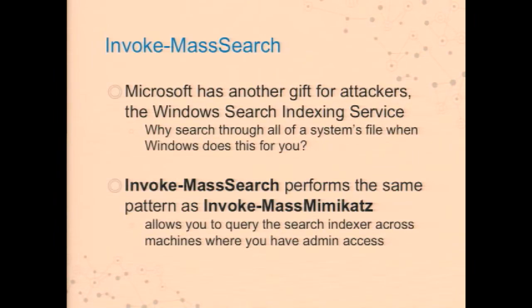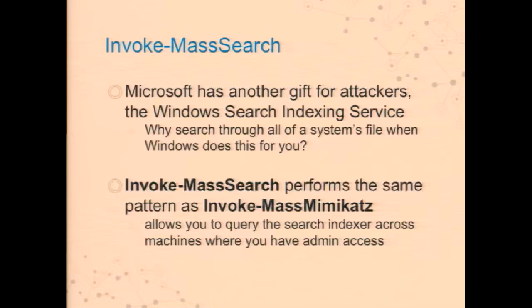So if you have admin access to a bunch of machines, you can run Invoke-MassSearch. It'll run a PowerShell script on any arbitrary number of machines, query the search indexer for any terms you want, like password or specific search terms, and post all the results back. The really cool thing is there's this little field called AutoSummary, which will give you the snippet of text that it flagged on, like that block of 2 paragraphs of text.